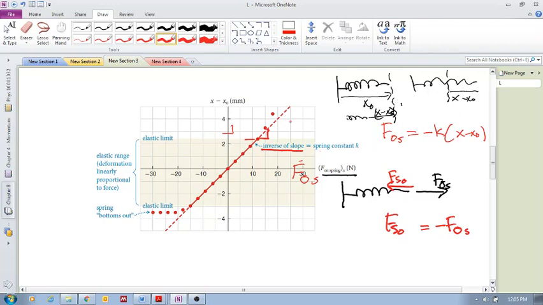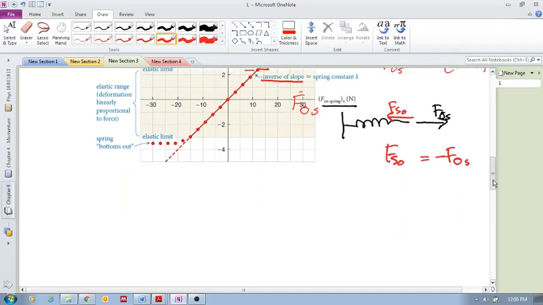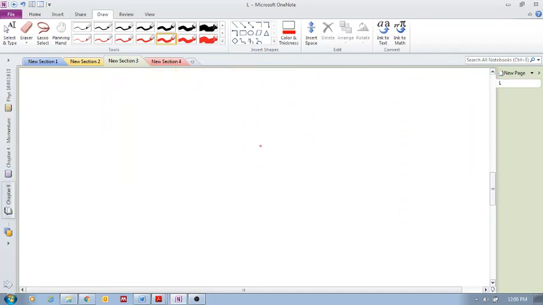This slope is then 1 over k. If you've got this on the vertical axis and this on the horizontal axis, then the slope is 1 over k. But now let's look at a few other ways to draw this, which I prefer. If we switch around those axes, let's call this force, and let's call this x minus x0.